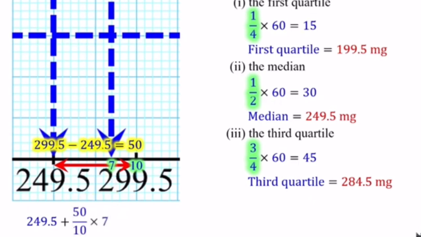So I want all of you to focus on these skills. How to construct a cumulative histogram, how to construct your cumulative frequency table, and the most important is you must be able to read the first quartile, the median, and the third quartile.